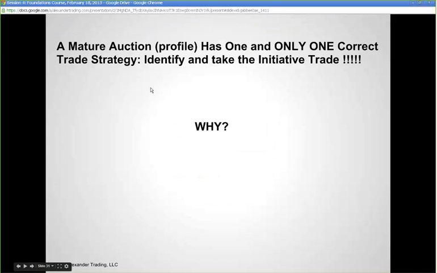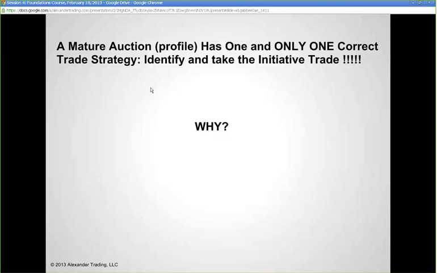So a mature auction, a mature profile, a profile and auction are synonymous. You guys understand that? A mature auction, a mature composite profile has one and only one correct trade strategy.